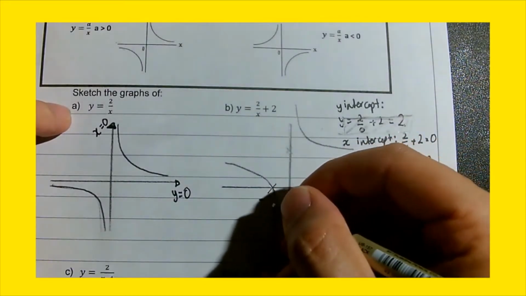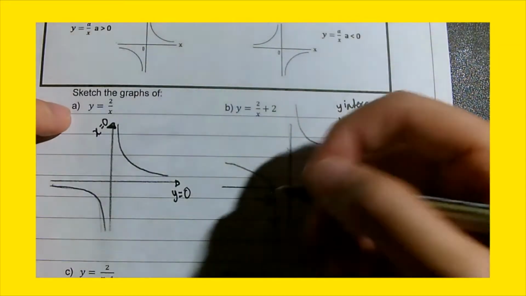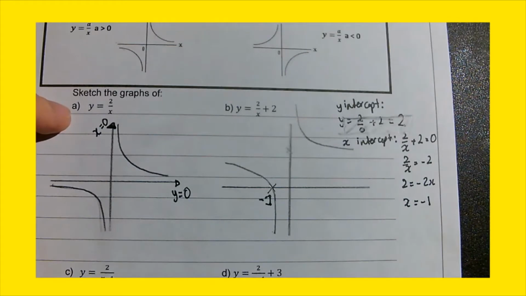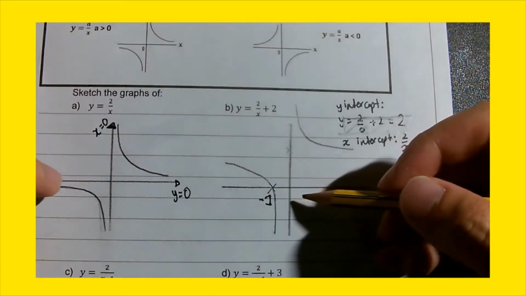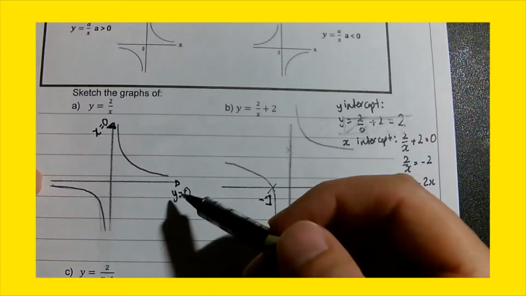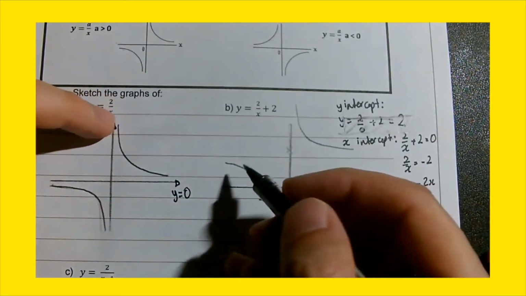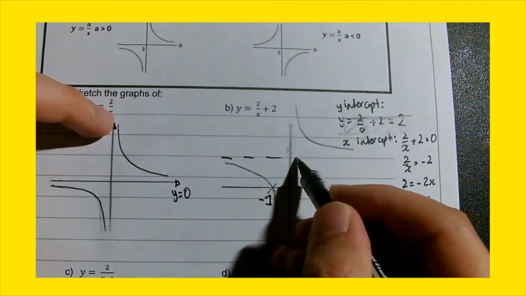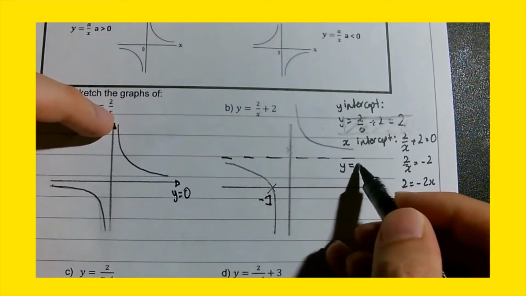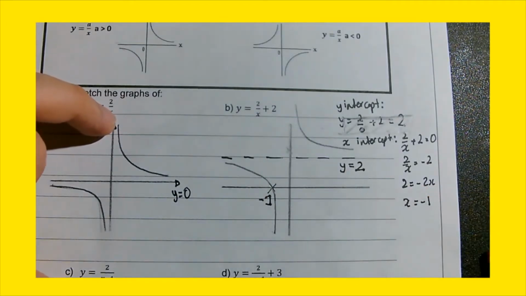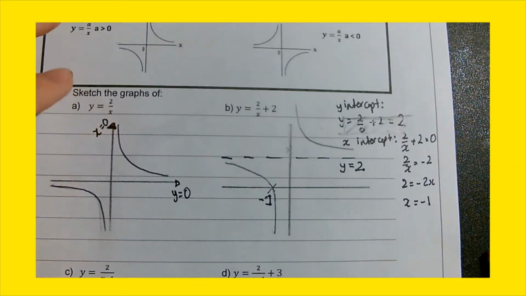This x-intercept is -1, I just have to label that properly. The asymptote y equals 0, which was for 2 over x, will now come up, and the asymptote equation will be y equals 2. So that's what the graph will look like, 2 over x plus 2.